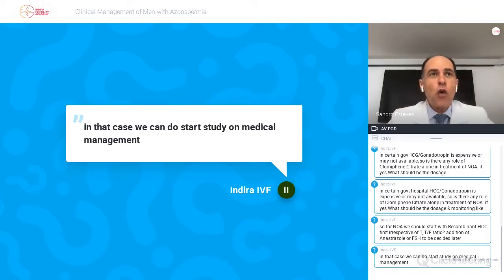On the other hand, if you are unlucky to get so many patients with Sertoli cell-only, your sperm retrieval success rate in NOA patients will be 20%, 25%, 30%. This is not because you are good or bad. It's because the characteristics of your patient population will actually impact the sperm retrieval success rate.